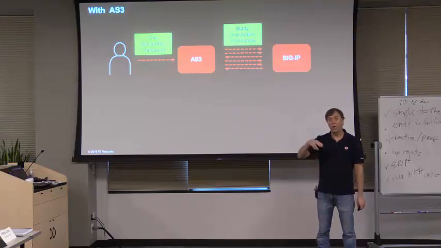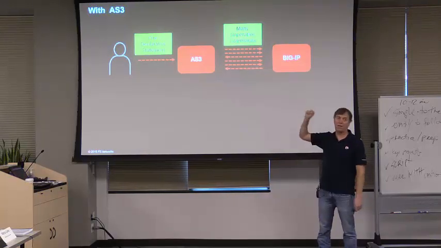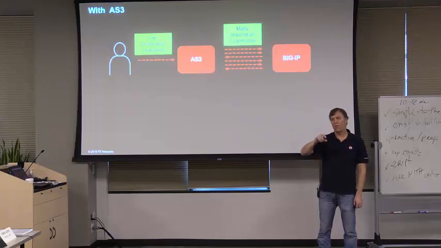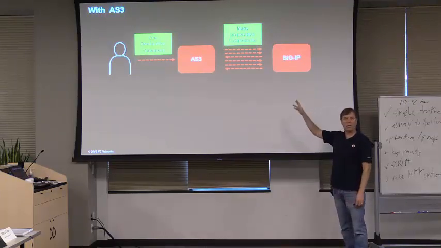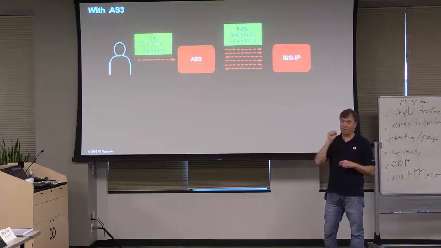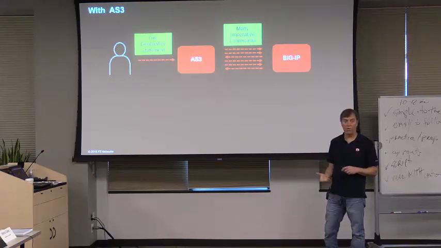We're doing that with multiple things, one of which is iApps and iControl LX, and trying to boil it down to a pretty simple GUI picture for how you would configure the device. Kind of the same concept here for automation and orchestration. We're not having you have to know everything about how to configure a BIG-IP in order to do this task.